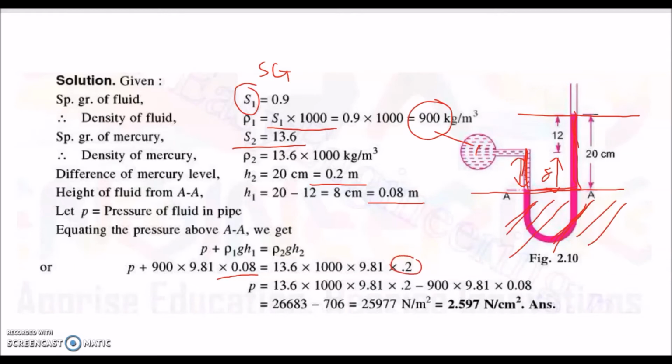So we get the pressure of 25977 Newton per meter square, or you can also write it as Pascal for pressure.